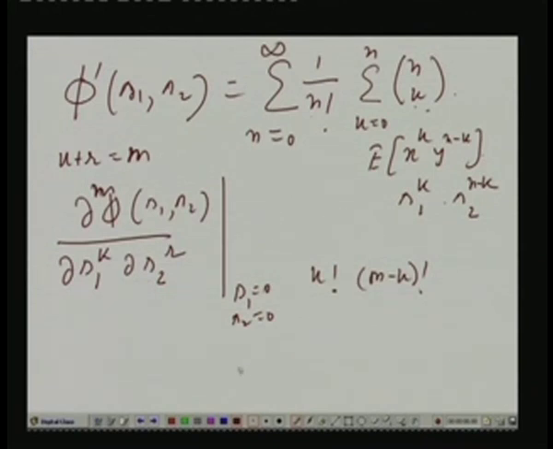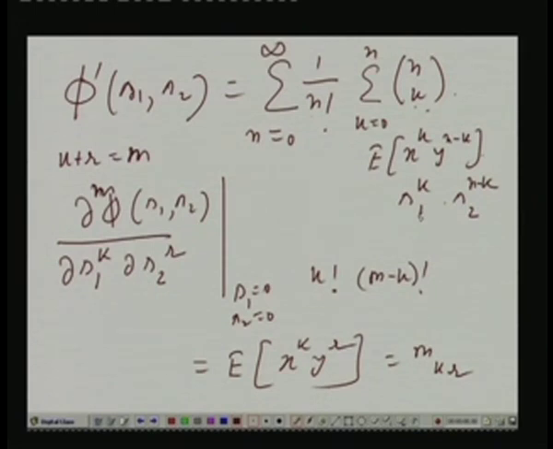Okay. So, this will give rise to the moment m k r, where k plus r equal to some m. This m stands for moment, it is not the m that I was talking of earlier.